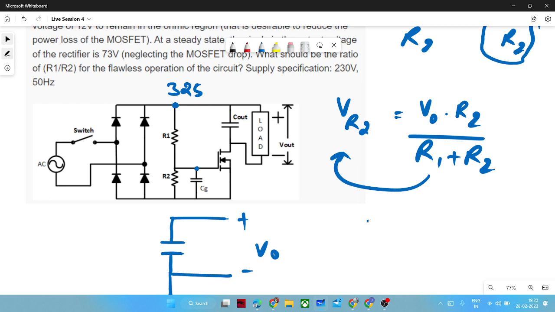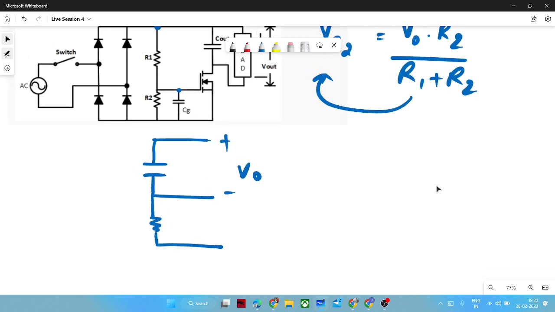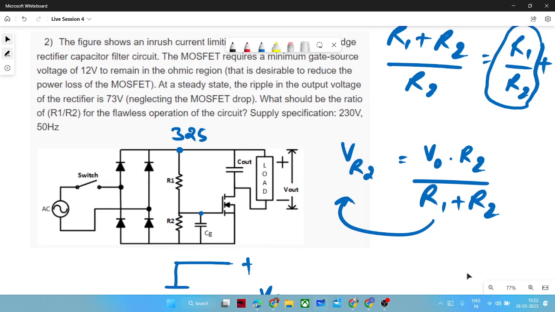So here everything is given in steady state condition, no? All the data are based on steady state. See, what do you mean by steady state? It means the MOSFET started conducting and VR2 is at 12 volts.